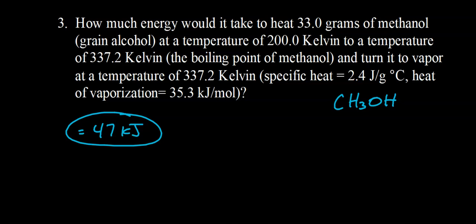That's right, 137.2 Kelvin. So technically, when we have specific heats, the units are joules per gram degrees Celsius, or because the difference between corresponding Celsius and Kelvin temperatures are the same, joules per gram Kelvin. So you did not have to convert those to Celsius. You could have left them in Kelvin.